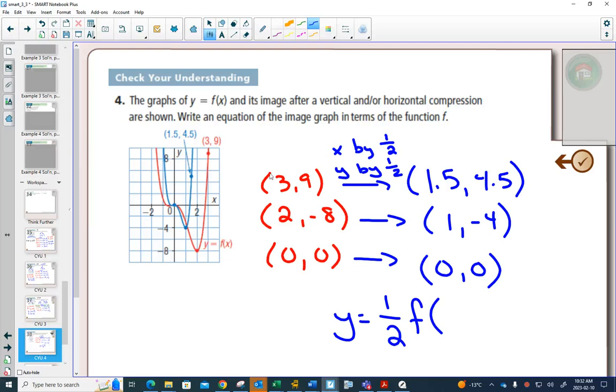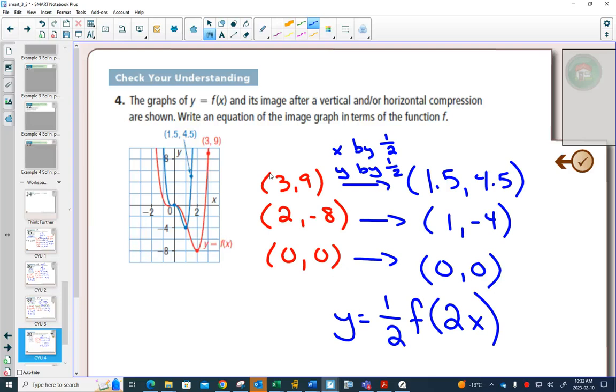The x by a half, that would show up inside the function, but there wouldn't be a half inside the function. There would be the reciprocal. You would see a 2 inside of the function. And this is how we can do this easily from this question.